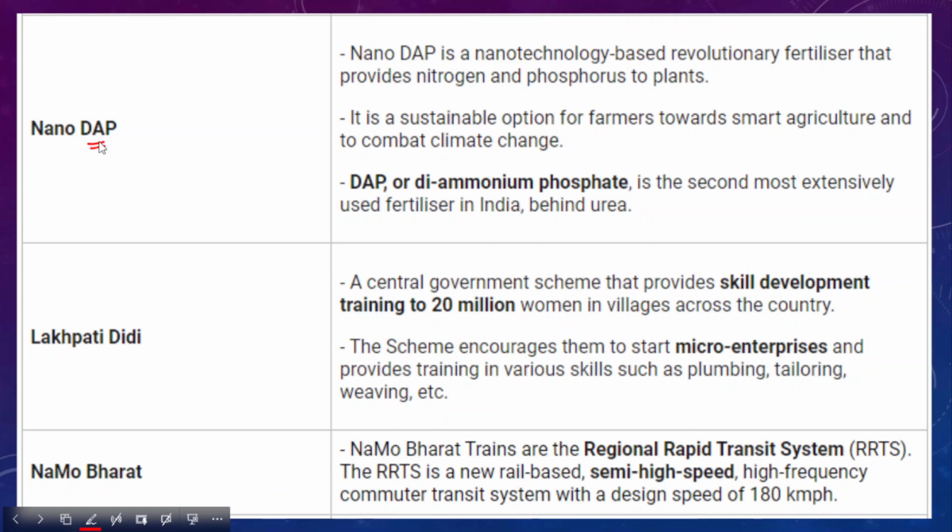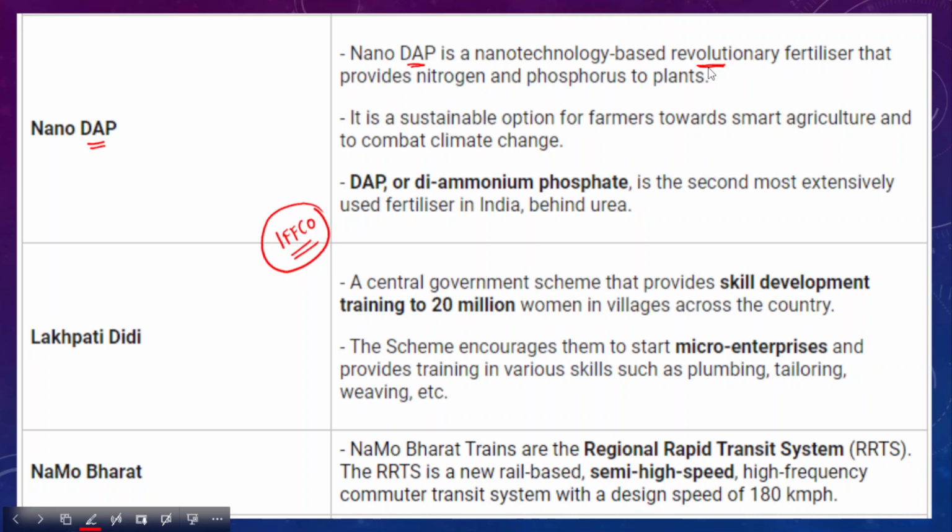Earlier we had a lecture on nano DAP that has been launched by IFFCO in order to achieve efficiency in fertilizer usage, and also make sure that the farmers use this fertilizer in a more efficient manner. Nano DAP is a nanotechnology based revolutionary fertilizer, and this has been launched in India for the first time.